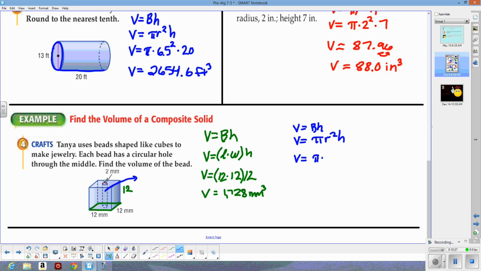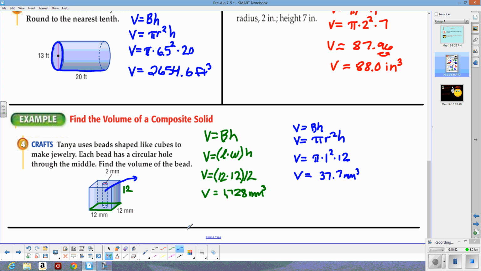Well, this is the diameter of the cylinder, so the radius is going to be 1, and the height is going to also be 12. Now to the nearest tenth, pi times 1 squared times 12 is about 37 and 7/10 millimeters cubed.